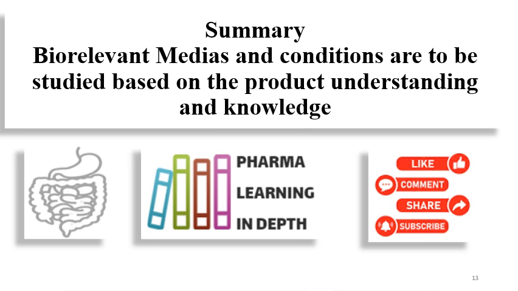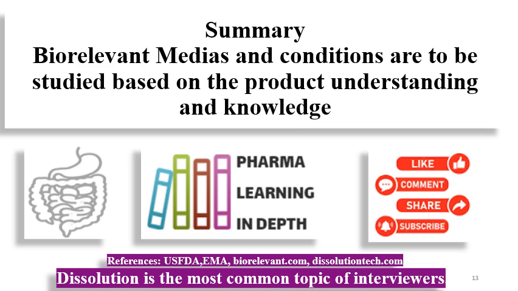So in summary, the biorelevant medias and condition are to be studied on the product and based on the understanding and the knowledge, these conditions may provide a very good information on the product behavior in vivo. So I think you might have got a good understanding of the biorelevant dissolution media.